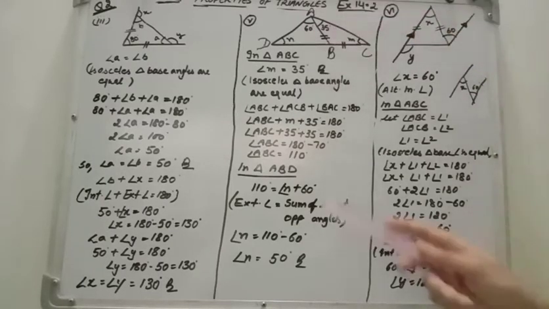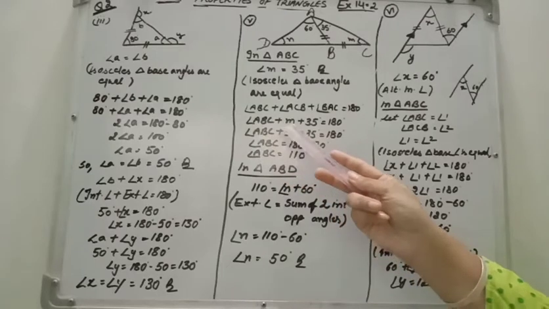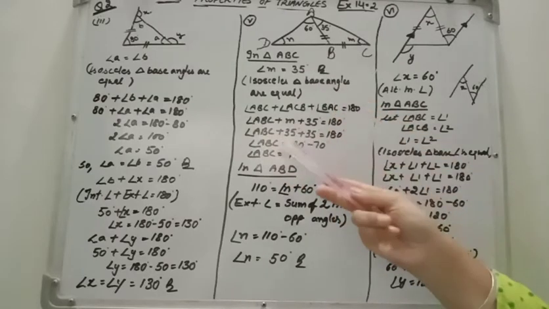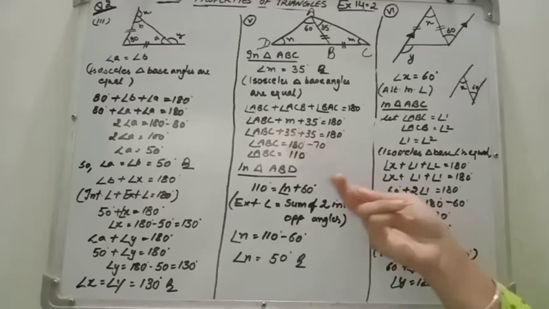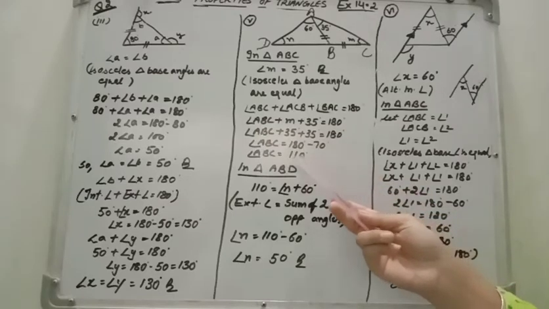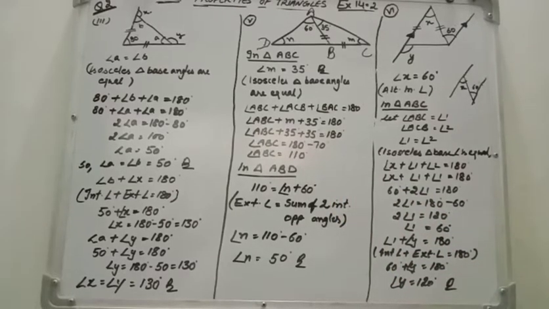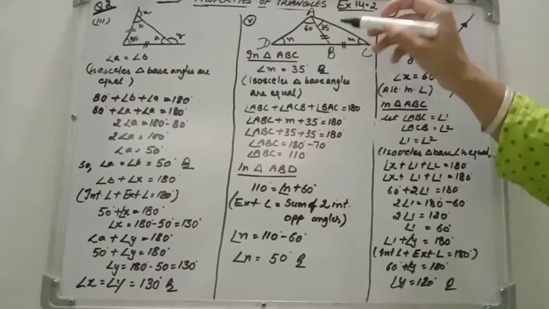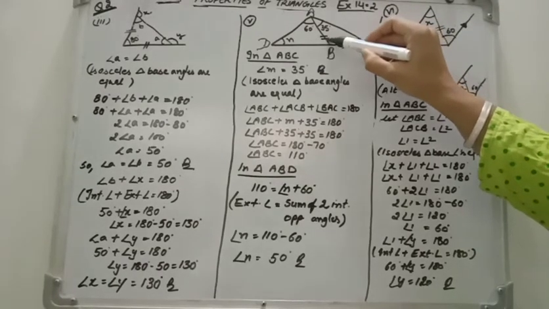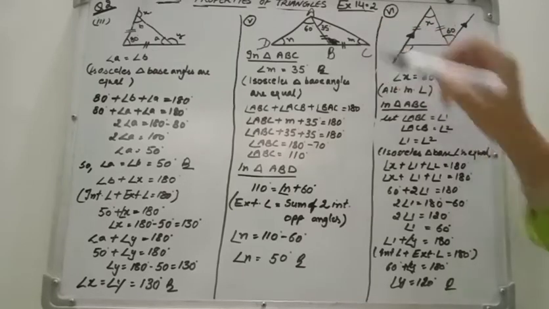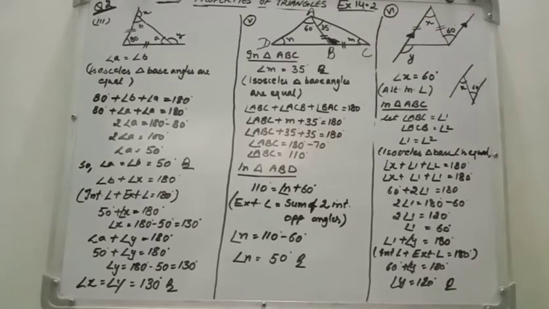M is equal to 35, already we proved. So 35 plus 35 is 70. 70 moves to the other side, it becomes 110 degrees. So we get this angle B is equal to 110 degrees.